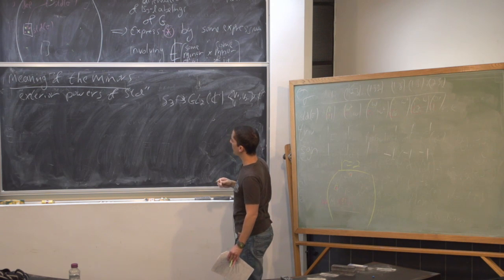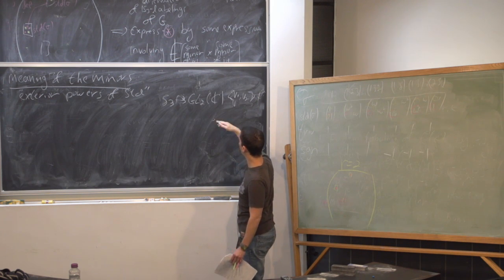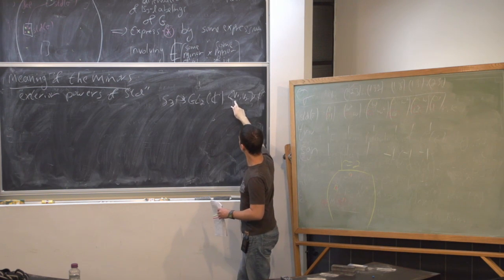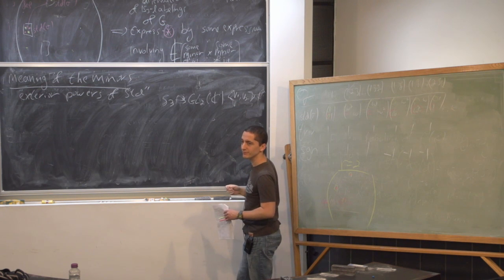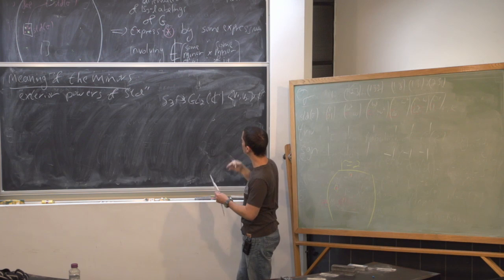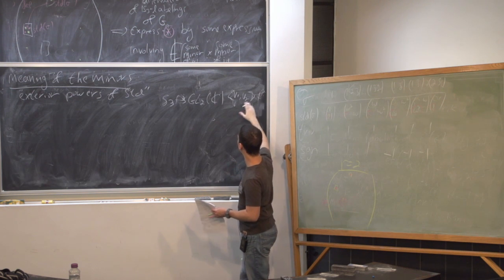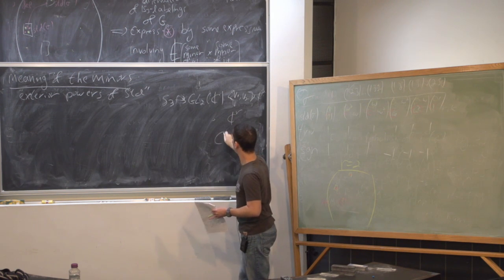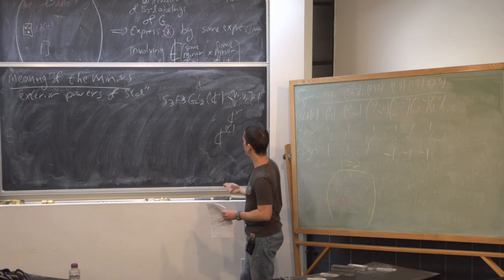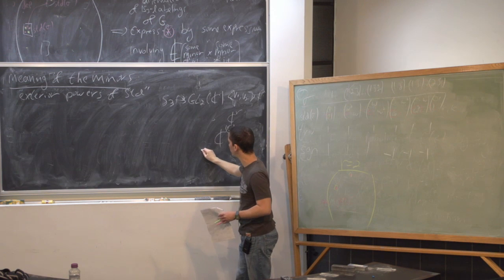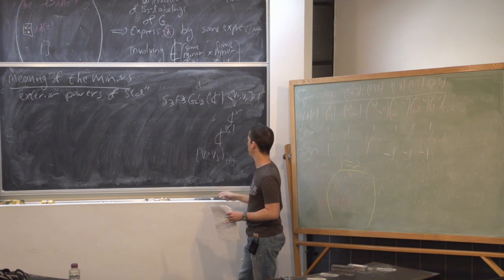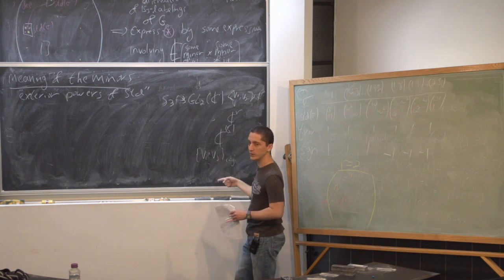And now the exterior power is the way I can get from this some kind of action of S3 on... here it is just the determinant, but in general, if you have some space, let's say C to the R, I can derive from it a space C to the R over 2, which is defined by taking a basis consisting of all the pairs of basis elements. So this is R over 2.